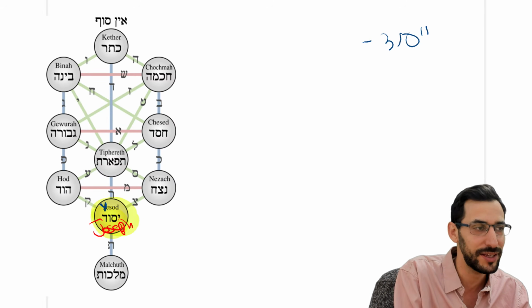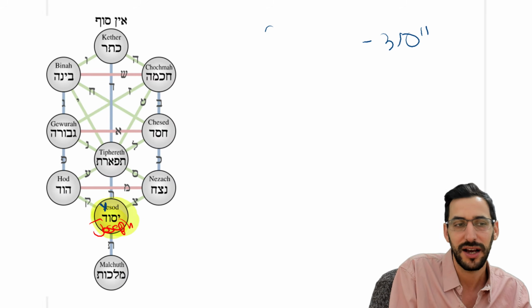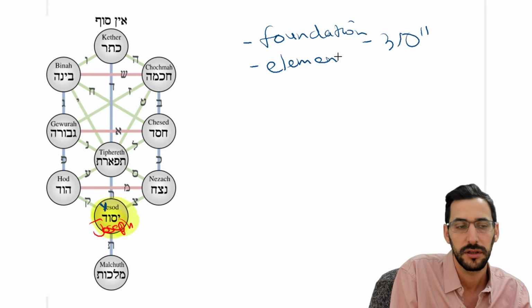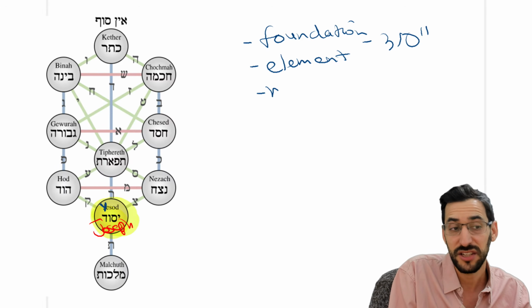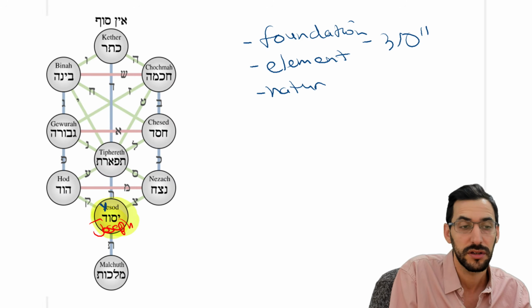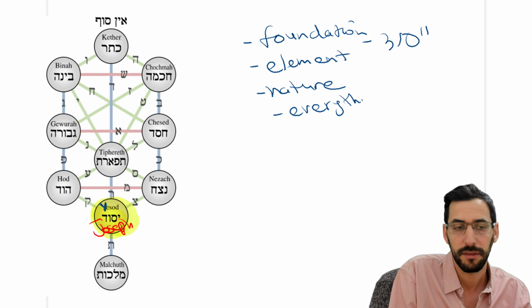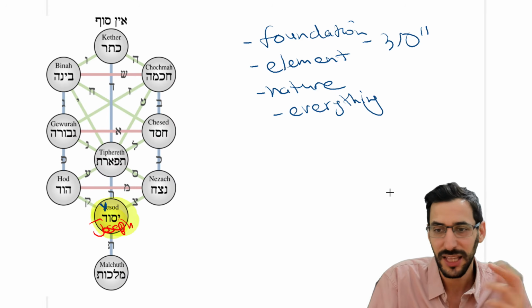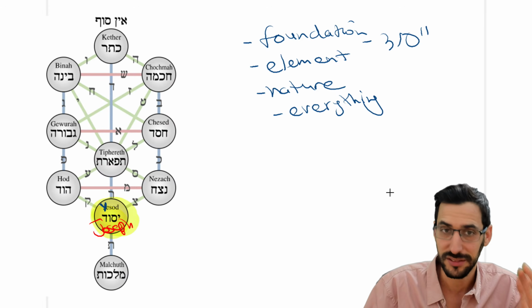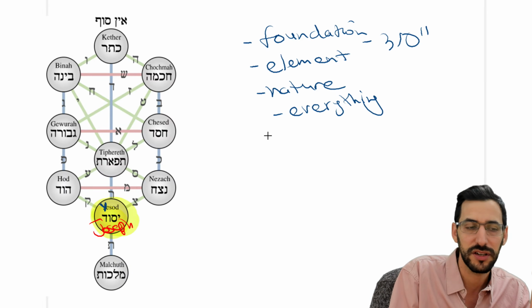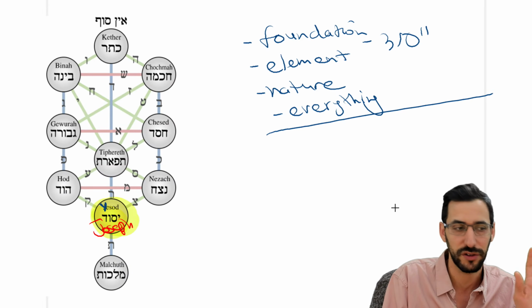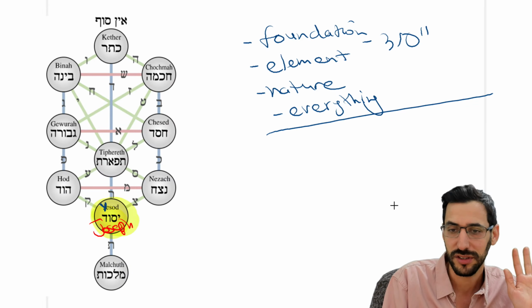Now Yesod, what it means, it basically means like a foundation. It also means like elementary, like an element. It also means nature. It also means, you could say, in a way, everything. Now, that's exactly what the quality of Yesod is. It's the connector of all of the Sefirot. That's Yesod.